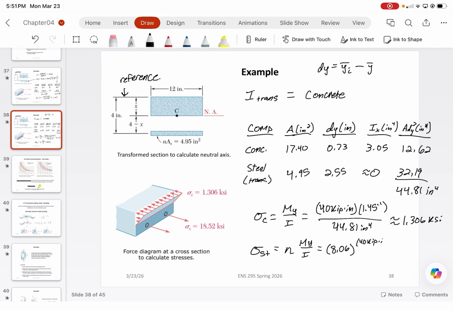The y coordinate for the steel is just conveniently this dy term, which is 2.55 inches. That's the location of the y bars with respect to the neutral axis, divided by 44.81 inches to the 4th, which will give you roughly that 18.52 ksi that you see on the left-hand side.